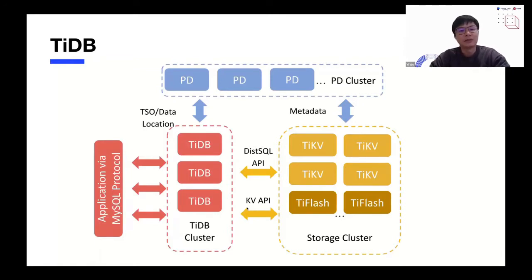There is PD, which provides the metadata service and also the TSO service, and it also controls the load balancing for TiKV. Then we have TiKV, which provides a distributed key value service, is the storage node in the cluster, and mostly handles transactional queries. To handle analytical queries, we can also add the TiFlash node, which has a columnar store that is better at handling analytical queries. But for today, we'll just focus on TiKV.